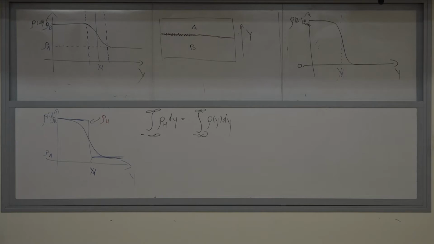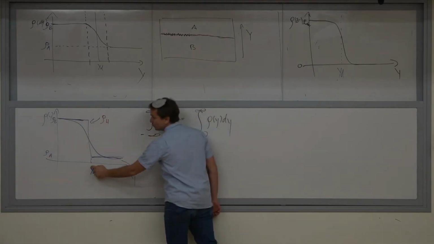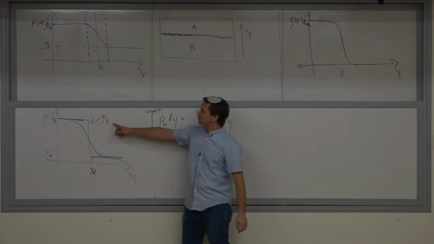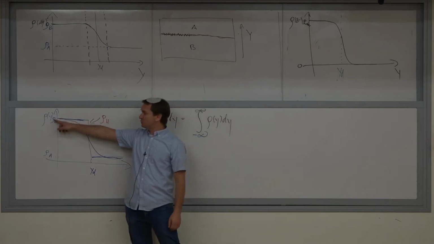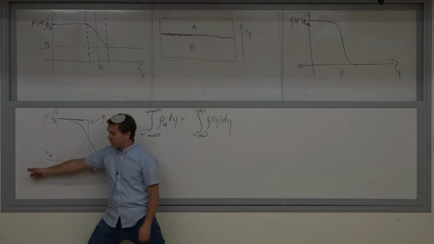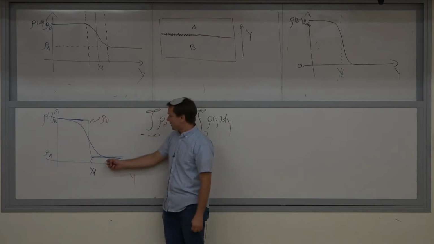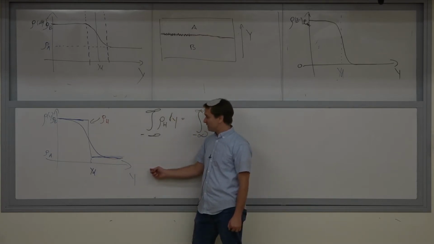This produces the position of my yd over here. Because how do I plot this hypothetical profile? Well, I'm taking the value of rho b, which equals rho of y when y is very, very small in this direction. I'm taking rho hypothetical to be rho a when y is very, very large.